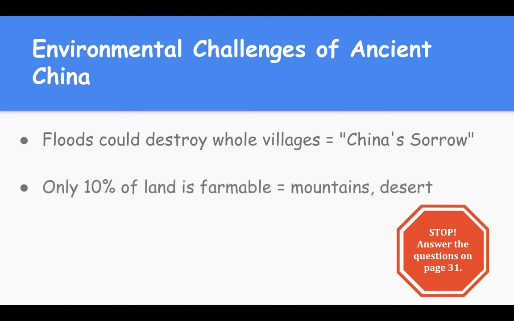Another challenge in ancient China was that only 10% of the land was farmable. The majority was made up of mountainous areas, so there wasn't enough flat land on which to farm, and it's very hard to farm in the deserts as well.